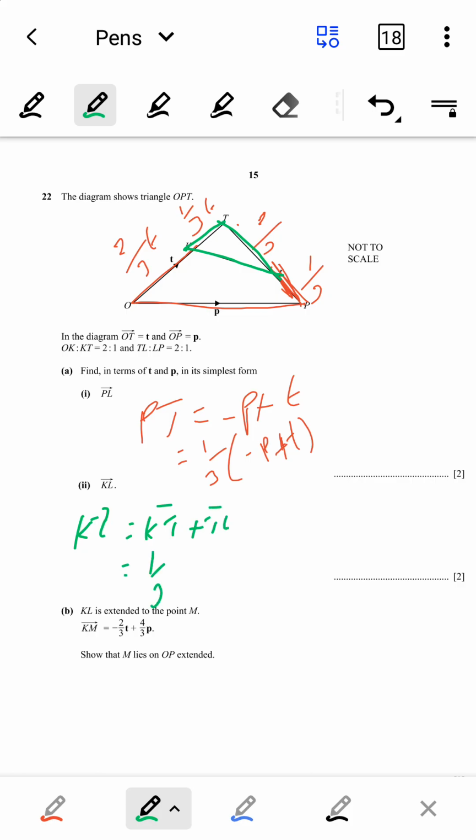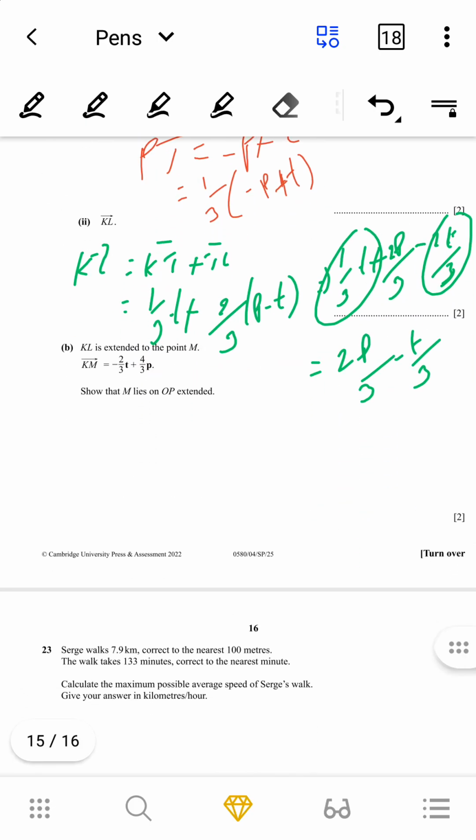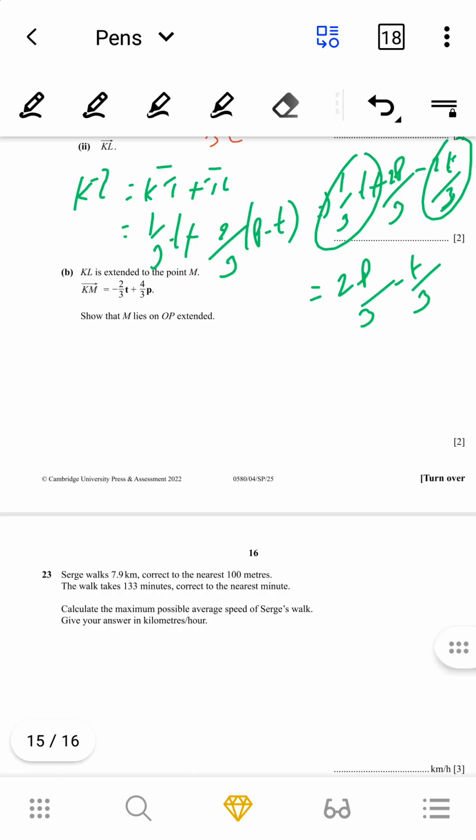Here 1/3 of T plus TL is 2/3 of P minus T. Just multiply inside the bracket: 1/3 of T plus 2P by 3 minus 2T by 3. So T by 3 minus 2T by 3 will be equal to 2P by 3 minus T by 3. So properly how to do it, don't get confused, it's very simple.